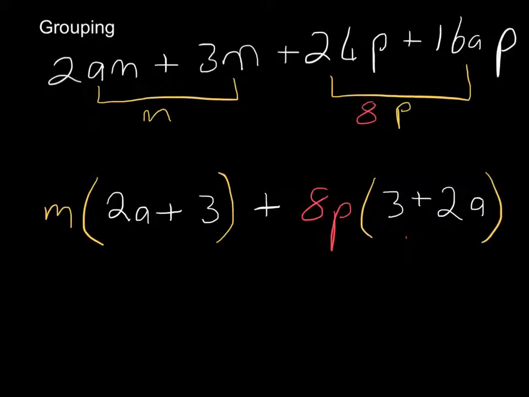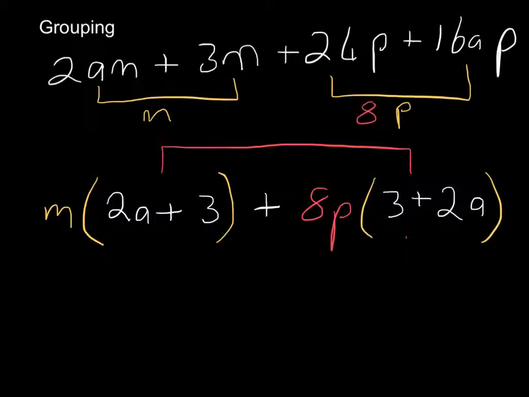Fantastic. So now we have grouped our terms. We've grouped these two, found a common factor of m over here, found a common factor of 8p. But now there's one more step that we need to take into account. And that is that what we've actually done is we've created a common bracket now. So that common bracket, once again, we can take out as a common factor.